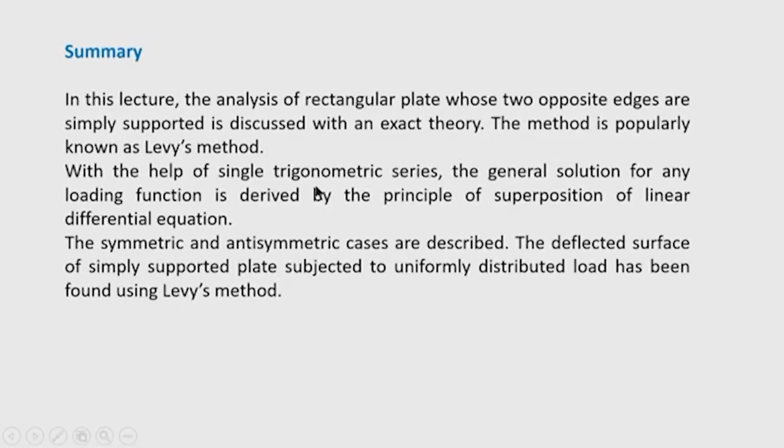If the conditions are symmetric, the antisymmetric term in the deflection function can be dropped. Similarly, if the condition is antisymmetric, then this symmetric function can be dropped. Anyway, the results are simplified based on the condition of symmetry.